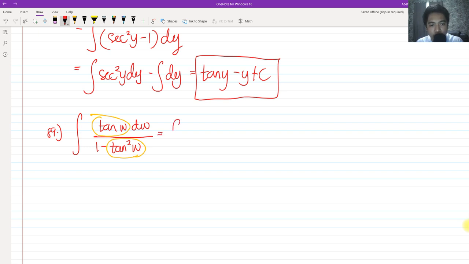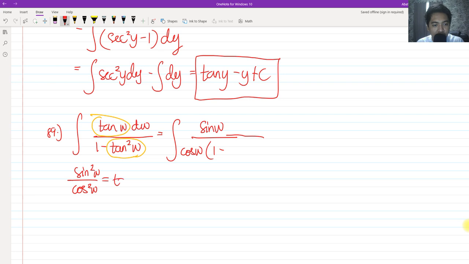So tangent w is sine w all over cosine w, and tangent squared w is sine squared w all over cosine squared w.